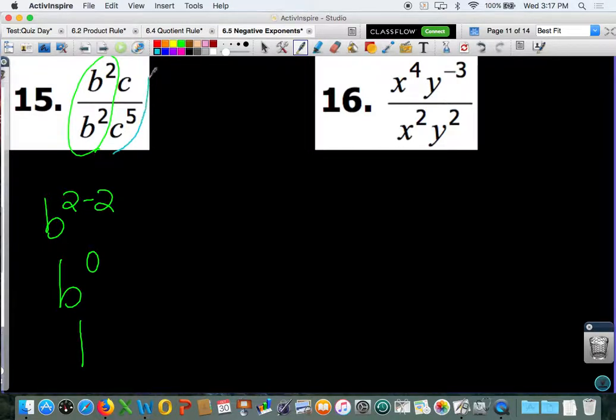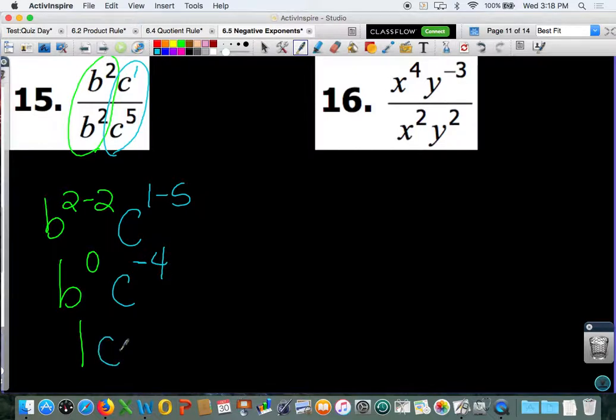Now I can't forget about c. Remember, if there's nothing next to a variable, it automatically has an invisible 1 as the exponent. So I've got c to the 1 minus 5. All right, cool. So I've got c to the negative 4. Now I know that this 1 is still here.